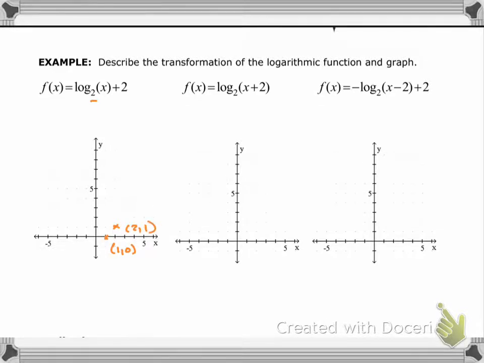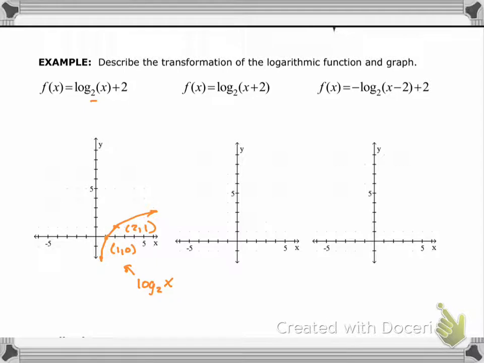So b and 1. So this is our basic function here, our base function, or parent function. That's log base 2 of x. All right, so that's the one we're going to start with.